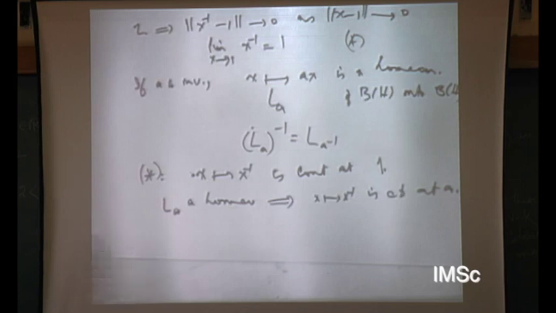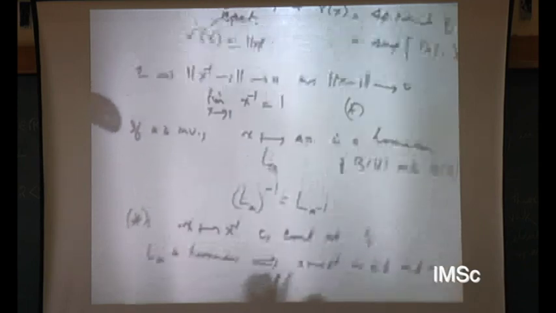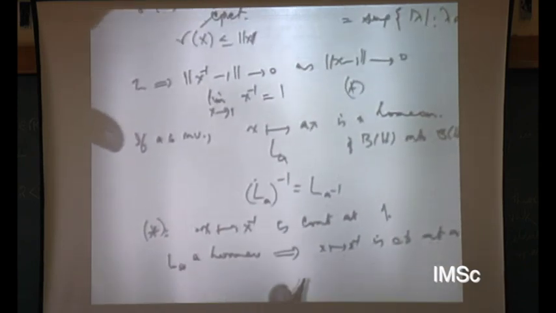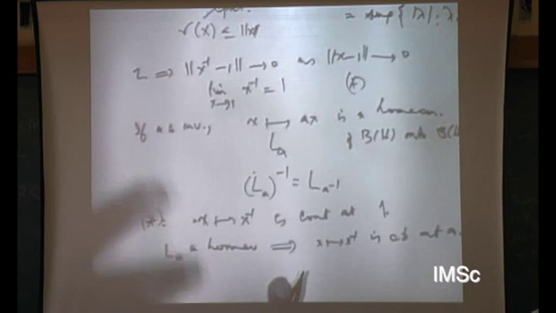A_n goes to A means A inverse A_n converges to 1, and that means for large n, A inverse A_n will be invertible. But A inverse is already invertible, which means that A_n must also be invertible. So just a little bit of work will give you this fact, and hence this inverse mapping is continuous.